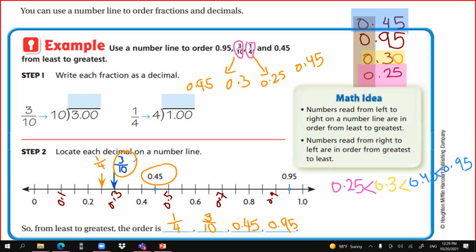Okay, and we convert the decimal 3/10 to 0.3. So if you look at the number line here, where's 0.3? If this is 0.2, this is 0.25, so this will be 0.3.